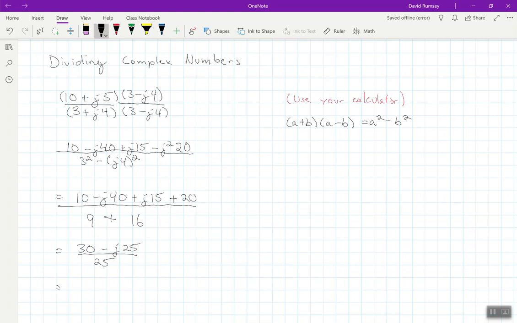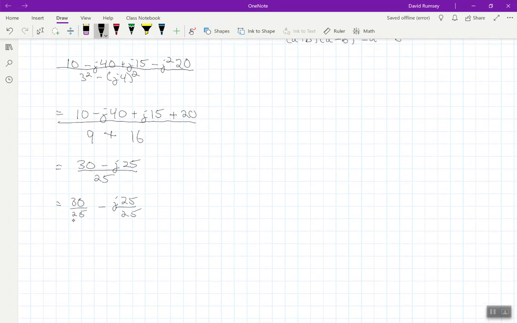And then we'd have 30 divided by 25 minus j 25 divided by 25. 30 divided by 25 would be 1 over, you could reduce this to 1 and 5/25, which would be 1 and 1/5, so that would be, I believe, 1.2.